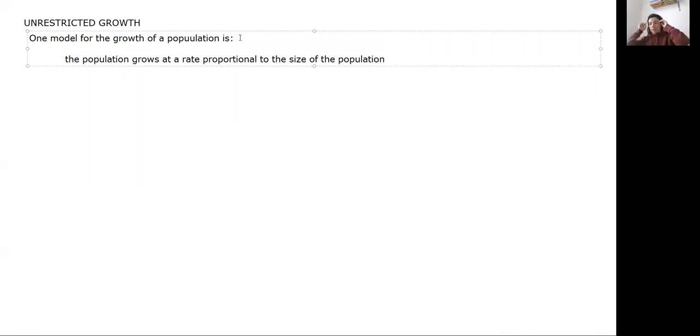Okay, so one model for the growth of a population is that the population grows at a rate proportional to the size of the population. Okay, so I'm going to ask you to copy this, and then I'm going to expand a little bit on this.